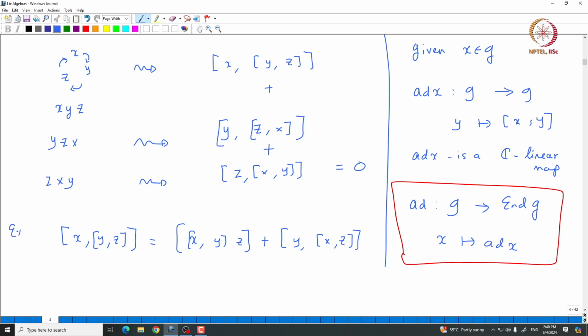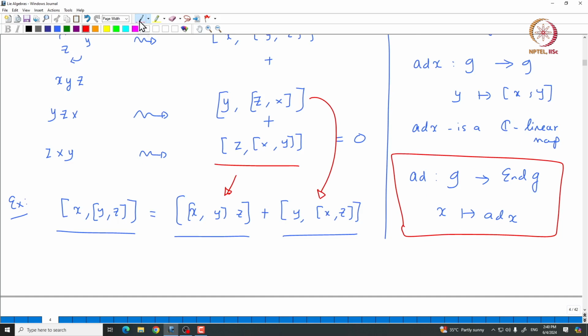I will leave it as an exercise to see that these two versions of the Jacobi identity are the same. Indeed, if you think about it, this term corresponds to this term, and this term corresponds to this term.